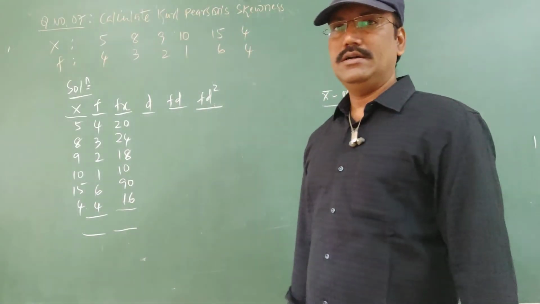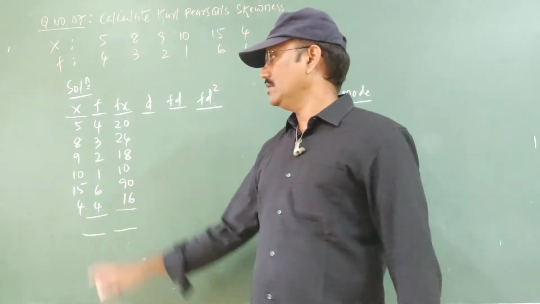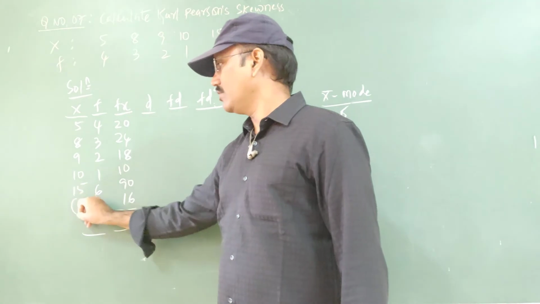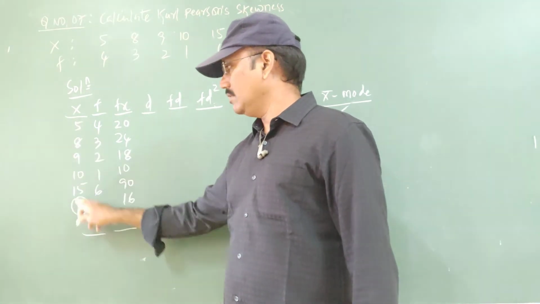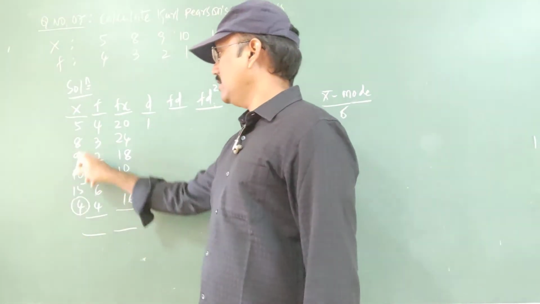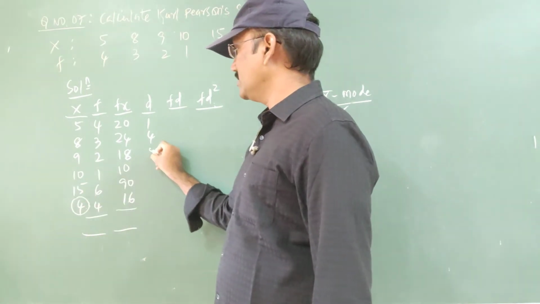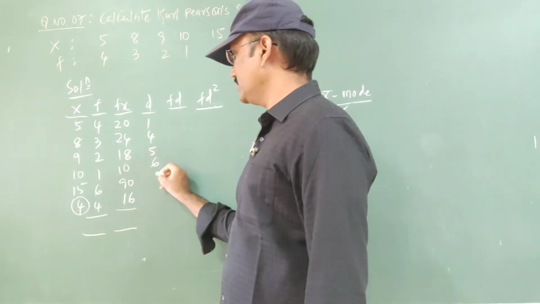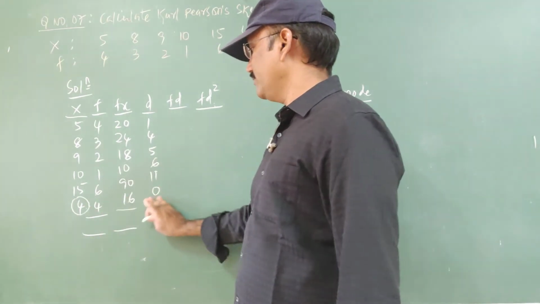What is d here? d equals x minus a small number. In the variable x, 4 is the small number, right? Subtract 4 from all numbers. 5 minus 4 is 1, 8 minus 4 is 4, 9 minus 4 is 5, 10 minus 4 is 6, 15 minus 4 is 11 and the last is 0.